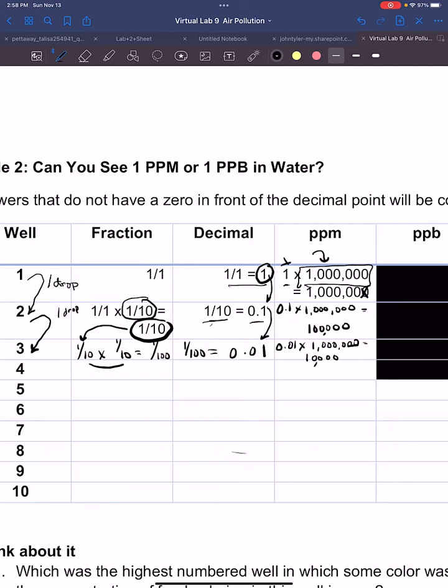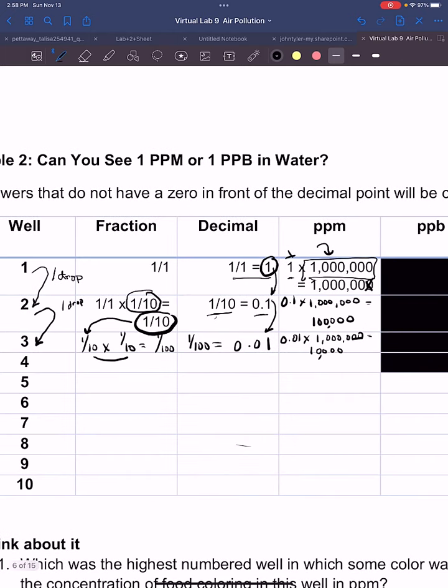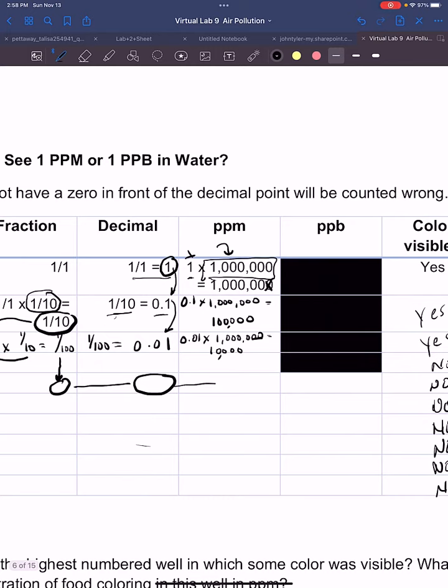Now, after you do this a few times, you don't have to keep showing me your math, but you do need to show me your math down here, because you're going to take whatever fraction you calculate. When you convert that fraction to the decimal here, you're going to take that decimal that you get, that x, and you're going to multiply x times 1 billion.